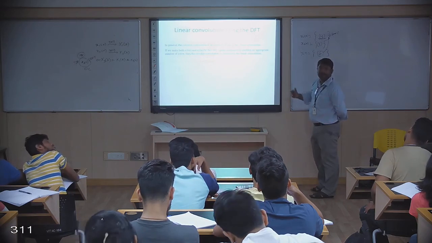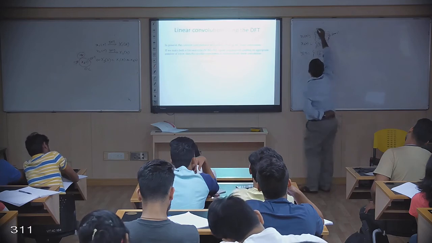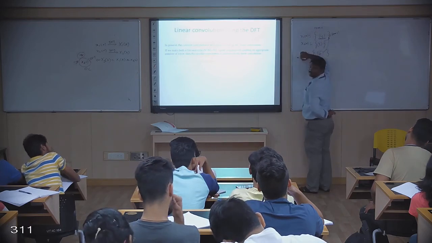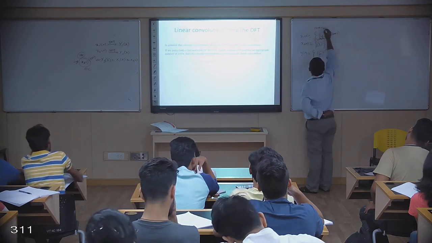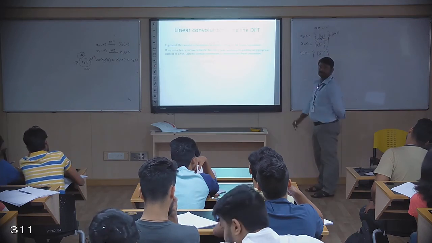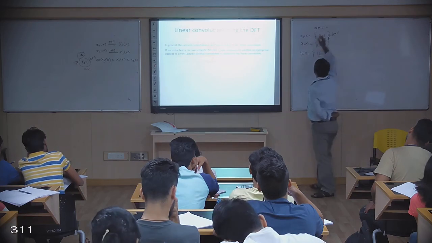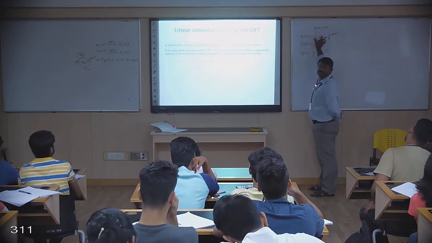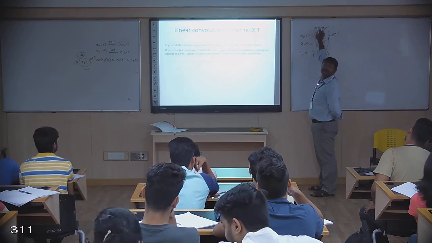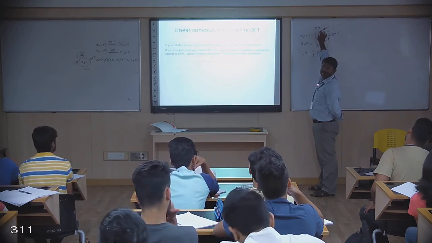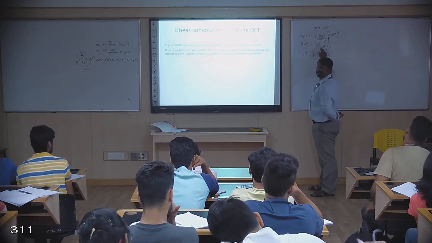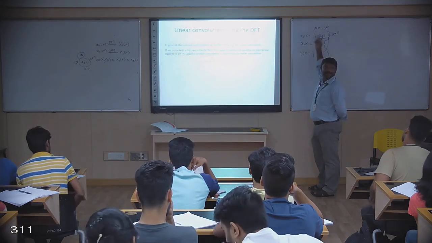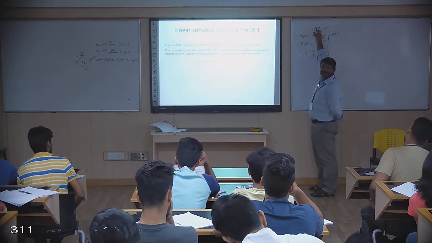How will you know about it? So total length is n plus m minus 1. Already you have n. So n will get cancelled. So in the first sequence you have to fill m minus 1 zeros. What is m? Length of my second sequence. The second sequence is 3. 3 minus 1, 2. So I have to fill 2 zeros.